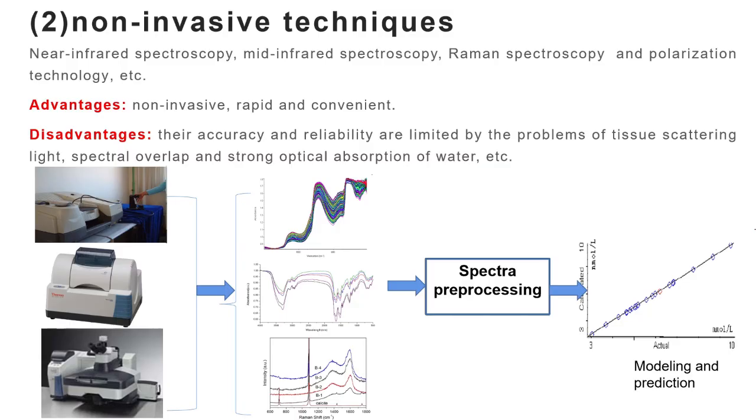For non-invasive technologies, there are several that can be used now. That is near infrared spectroscopy, middle infrared spectroscopy, Raman spectroscopy, and polarimetry technology, etc. The advantage of the spectroscopy methods is that they are non-invasive, rapid, and convenient.